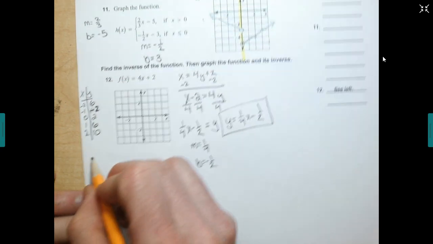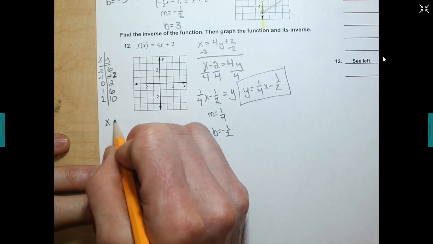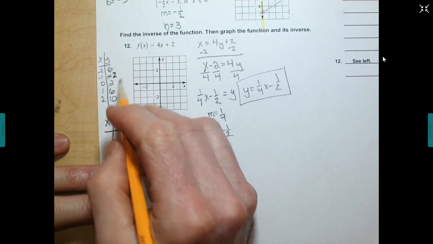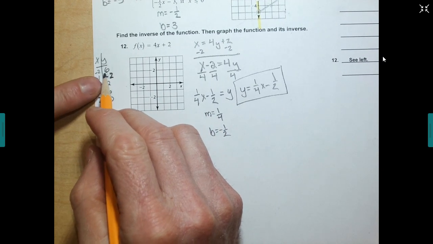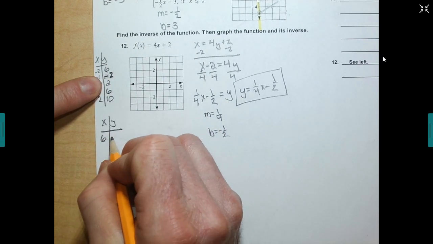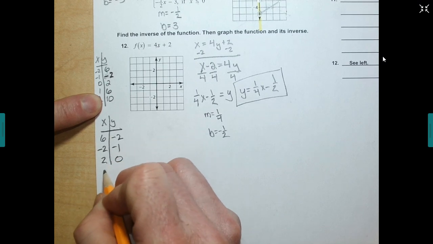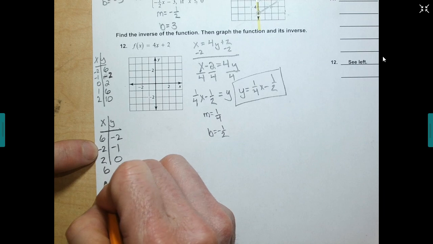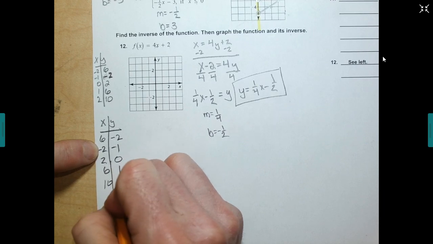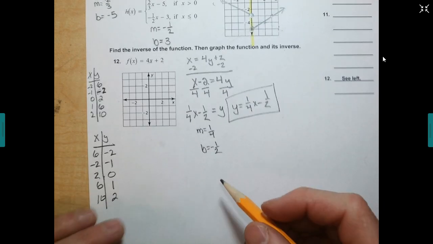But the inverse, don't forget the inverse. I wish I had enough room right here. The inverse is, I just flip these. So I have -6, -2, -2, -1, 2, 0, 6, 1, and 10, 2. So we can graph these.